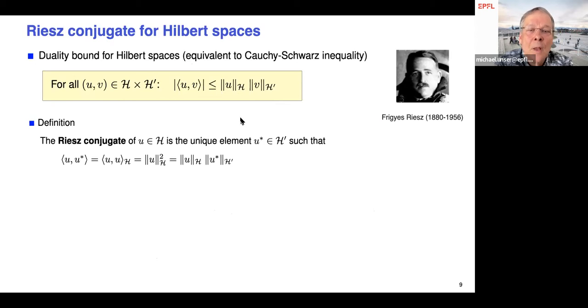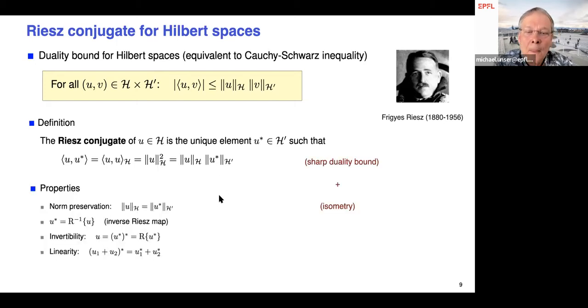But what is more interesting here, you have a mapping that's called the Riesz conjugate, that takes an element of H and produces a dual element which is in the dual space H prime, such that the inner product, or duality product, between U and U star is equal to this, and that gives you the squared norm of the initial element.